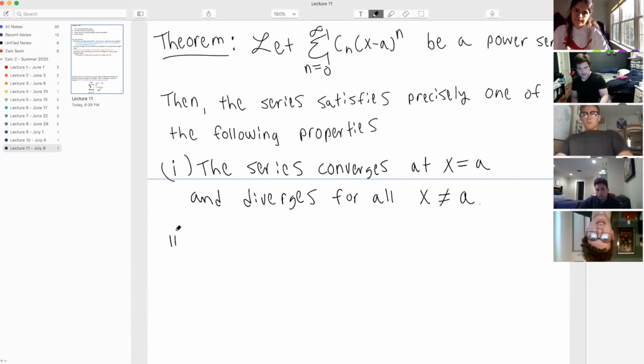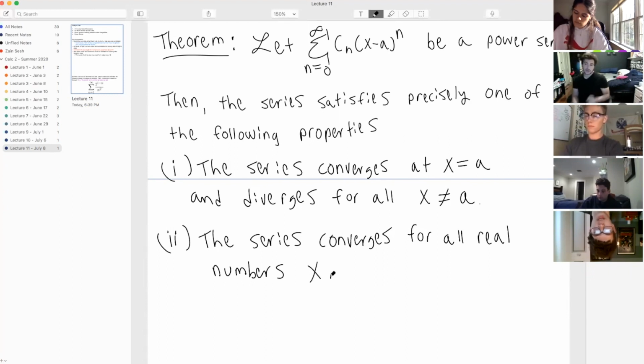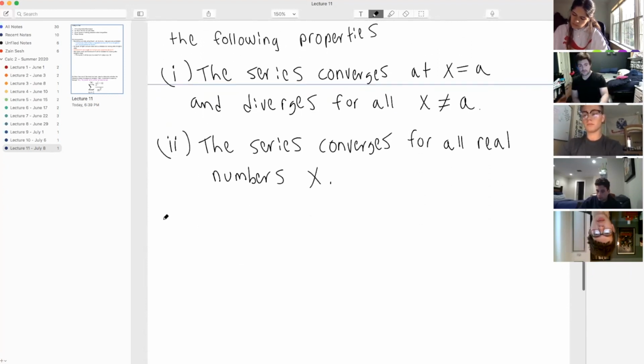Number 2. The series converges for all real numbers x. So it could be the case that no matter what real number x I plug in, it will converge.